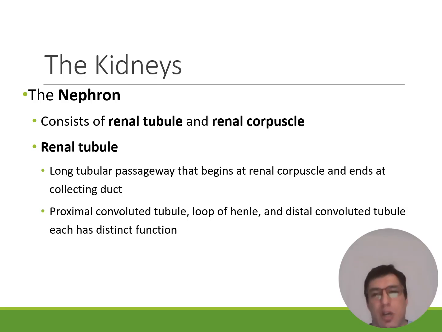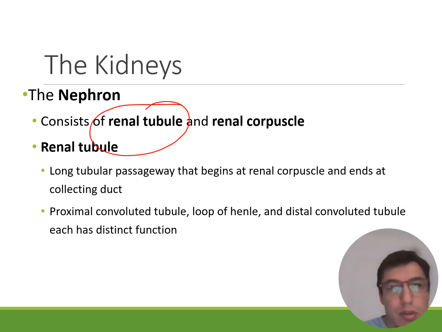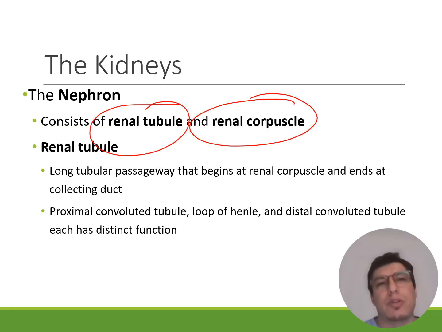Now, we talked about some of the flow of urine through the kidney. We talked about the flow of blood through the kidney. Now, let's talk about how the actual filtration occurs. And this occurs within the main structure that we mentioned a couple of times, and that is the nephron. The nephron consists of two parts, the renal tubule and the renal corpuscle.